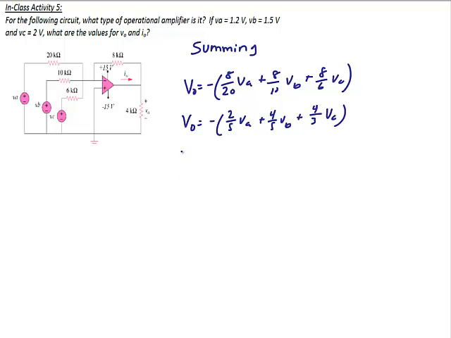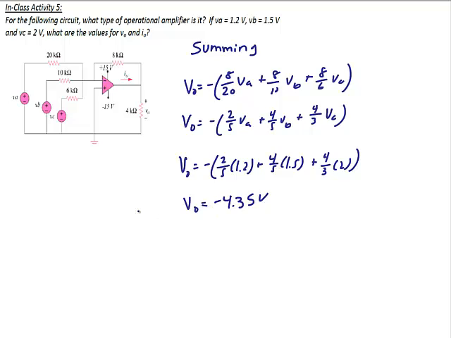So now we're given that VA is 1.2 volts, VB is 1.5 volts, and VC is 2 volts. So VO would be equal to negative the quantity 2/5 times 1.2 plus 4/5 times 1.5 plus 4/3 times 2. So VO is equal to negative 4.35 volts.